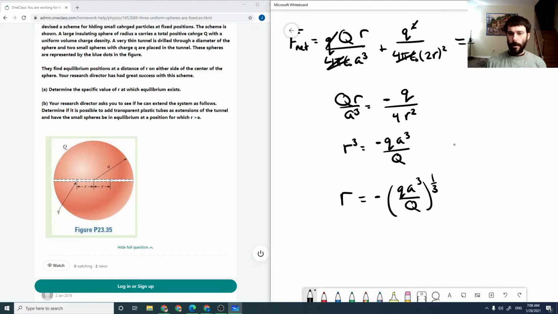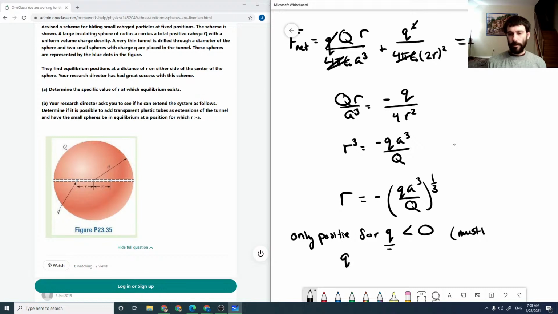So now this is a negative sign, meaning that our radius would be negative, so that's not possible. So only positive for q less than 0. So our big Q is given in the question as positive, so the little q's must be negative.